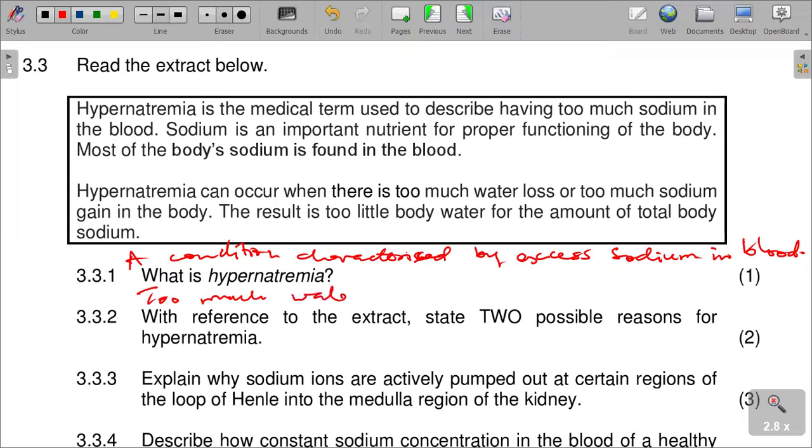Too much water loss. It can be due to too much water loss, or it can also be due to high intake of salt, which we are saying is sodium also.